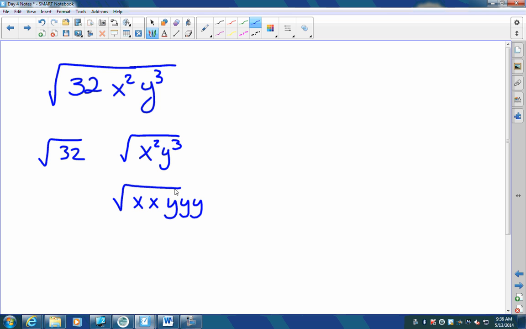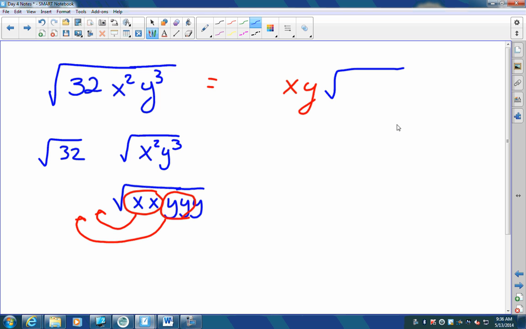That's 3 y's. It takes 2 to come out of the house. So outside of the house, I have an x, and then one of these sets of y's comes out, so I'll bring the y out there. But what's left? We still have a y, so the y is going to go in there.